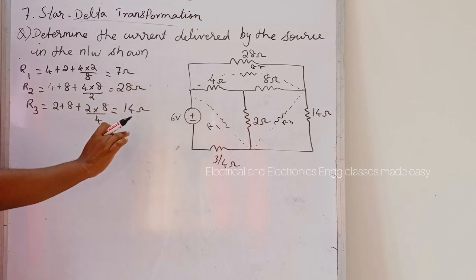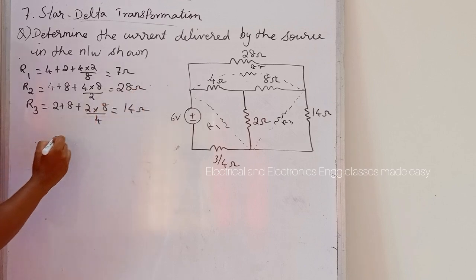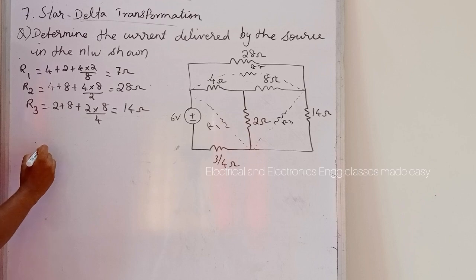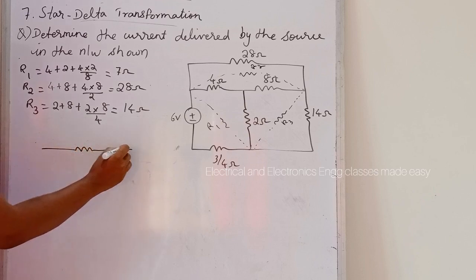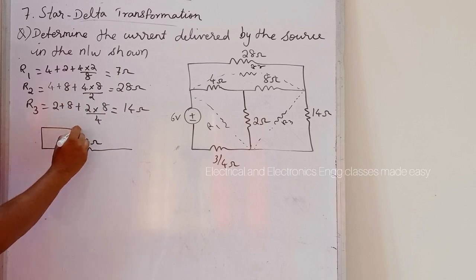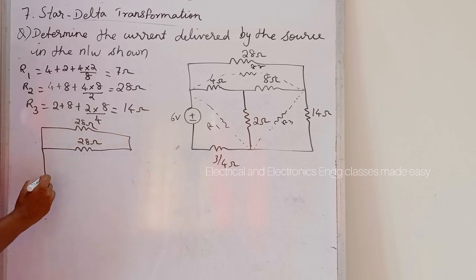So now we can draw the circuit diagram. R2 is 28 ohm, so here this is 28 ohm and here also 28 ohm. Then here there is the source.